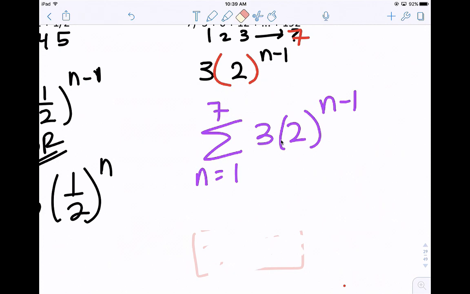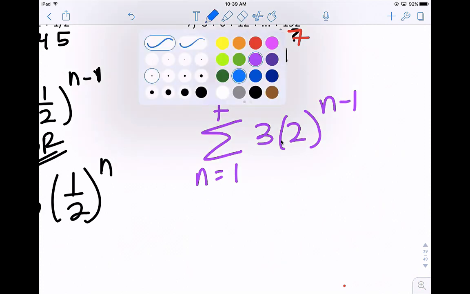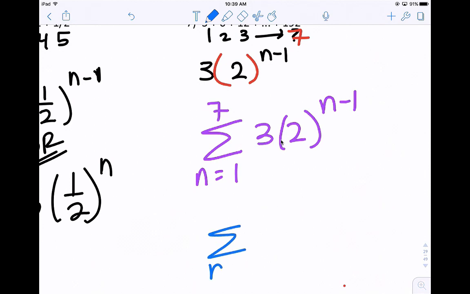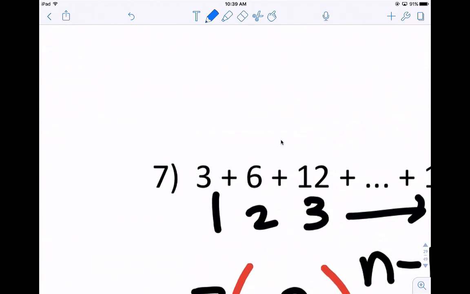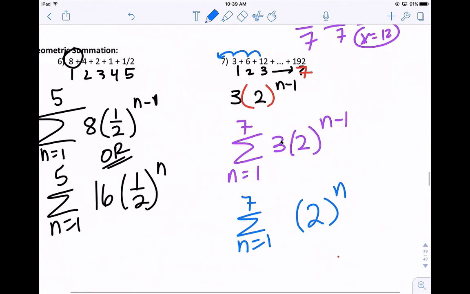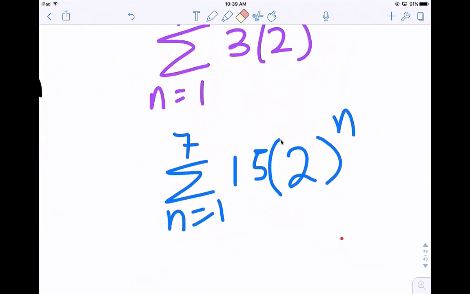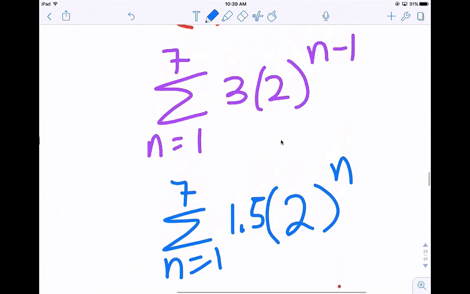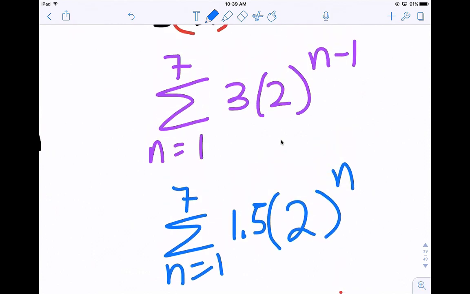Or if you choose to and don't want the n-1, you could also write this like this. So start at the first term, go to the 7th. But go backwards, so again we know this is going up by 2, and instead of multiplying by 2 every time, we divide by 2. 3 divided by 2 is 1.5, so you could also put it this way. So here are the 2 explicit formulas that work. They both mean the same thing.